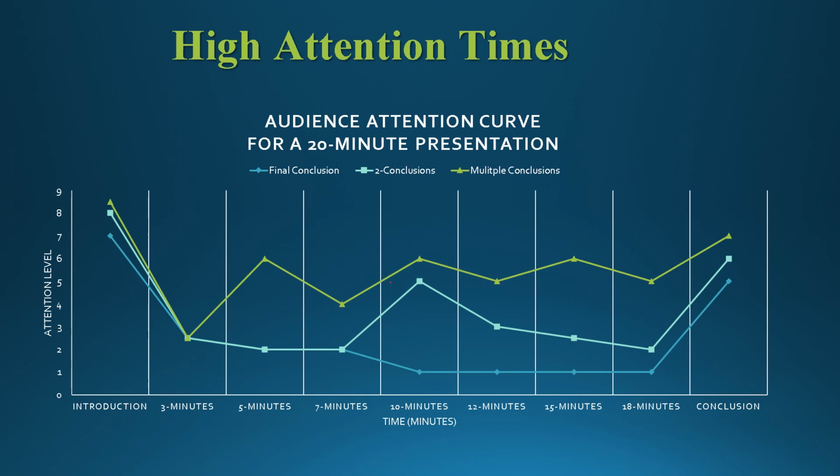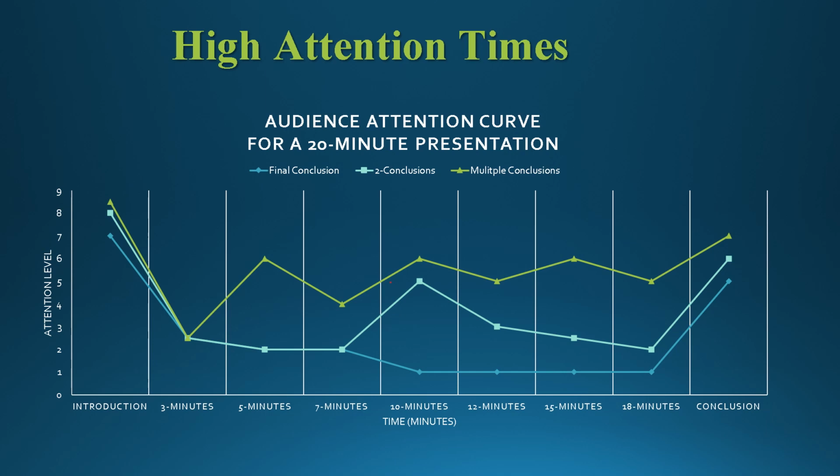But again, at about 8 minutes and then 11 or 12 minutes, we have another conclusion, and there's another rise to a peak. So the attention level stays high; it never falls below 4. At 4, they're still paying pretty good attention to what you're speaking about.